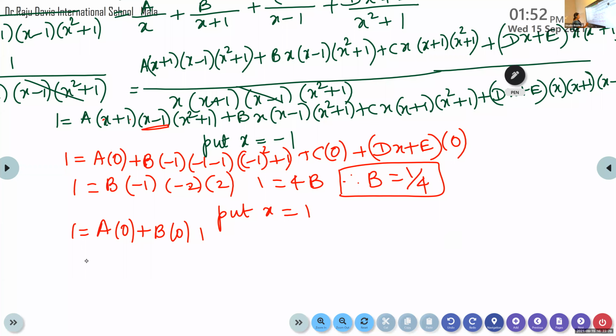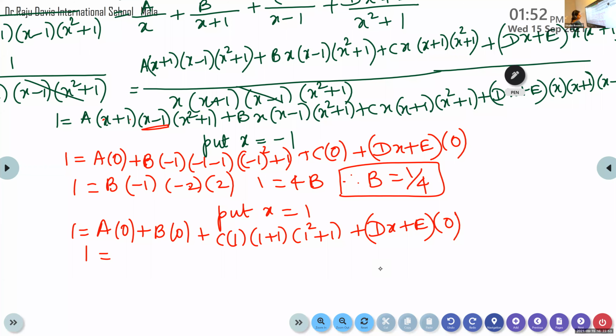So we get 1 is equal to, everything will become 0, c into 1 into 2 into 2. So we'll get 1 is equal to 4c, therefore c is equal to 1 by 4. So we got b, we got c. Anyhow, 3 more variables are left out, a, d and e.